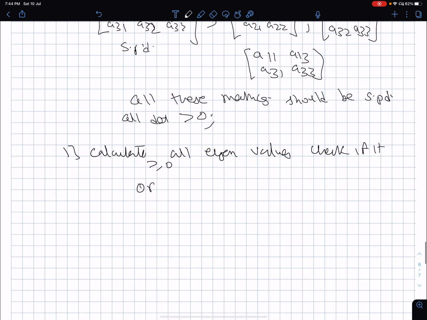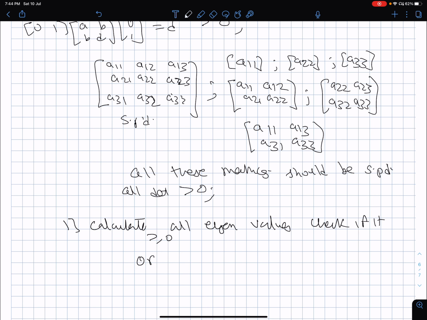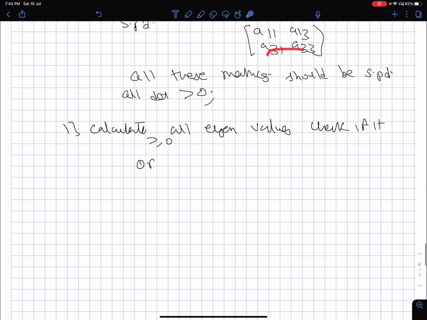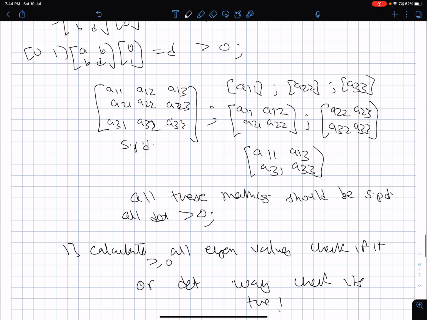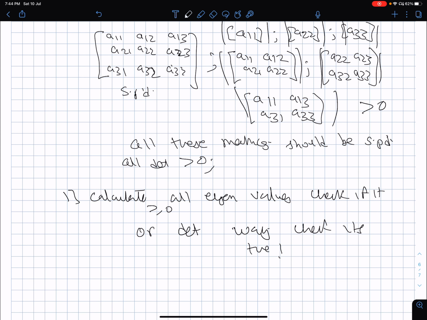Or for the 3 by 3 case, you should evaluate the 6 determinants and check positive definiteness. If all these determinants are greater than 0, then it is symmetric positive definite. If greater than or equal to 0, it is positive semi-definite.